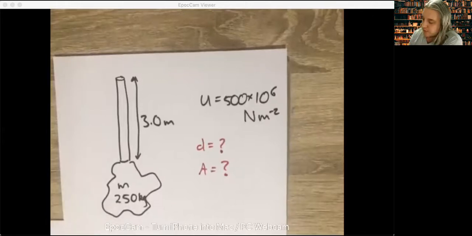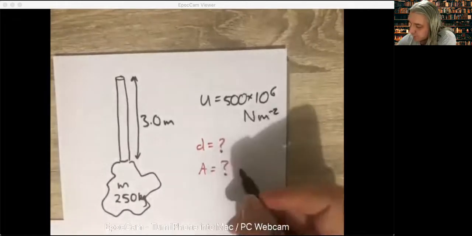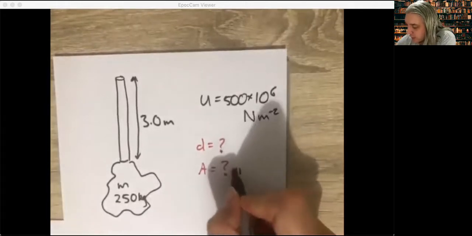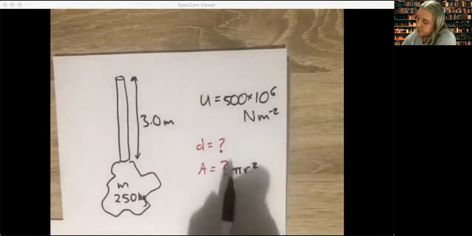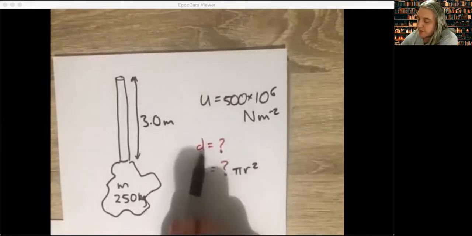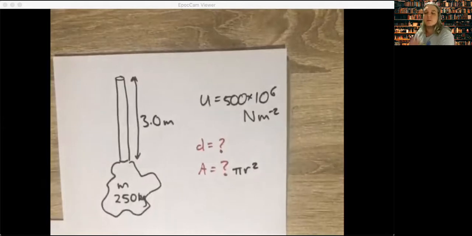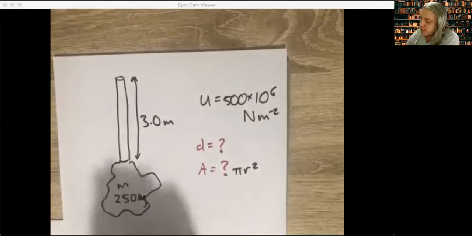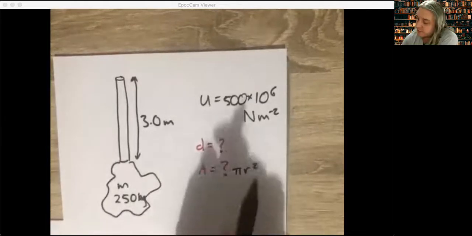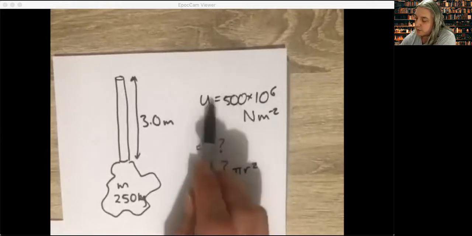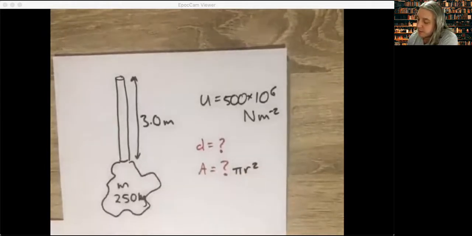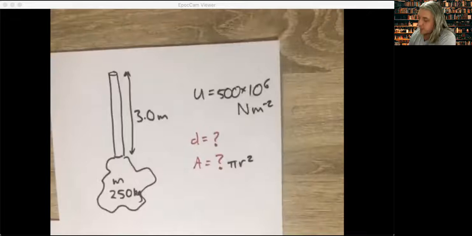We just had the cross-sectional area. And of course, for a circle, that is pi r squared. If we can find the smallest possible area, that will obviously tell us the smallest possible diameter. So all we need to do is figure out our area based on the ultimate strength, the length and the mass. So how do we approach that?